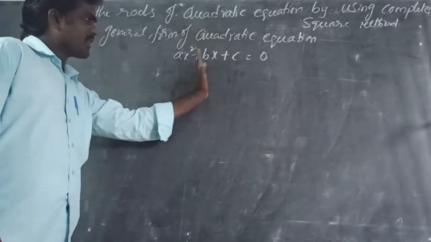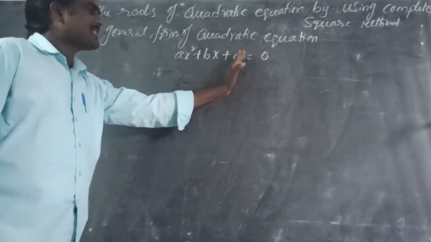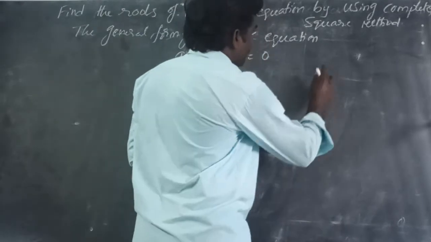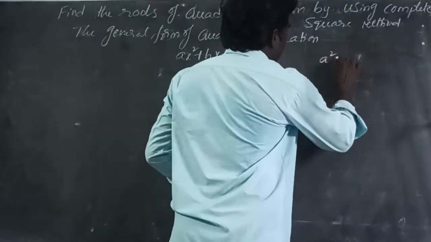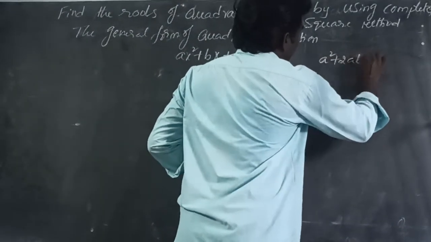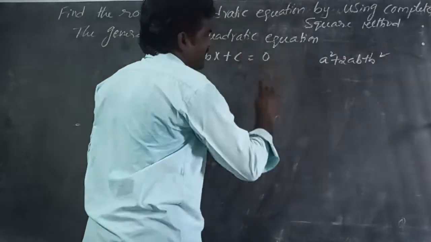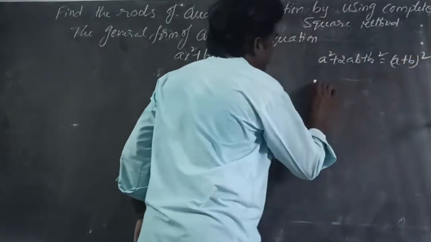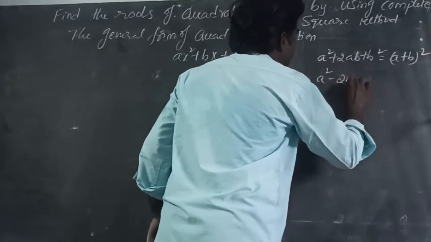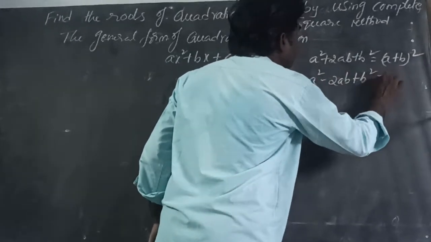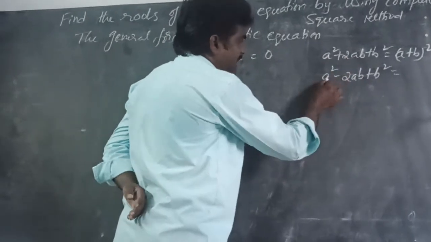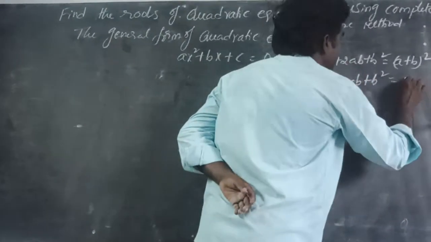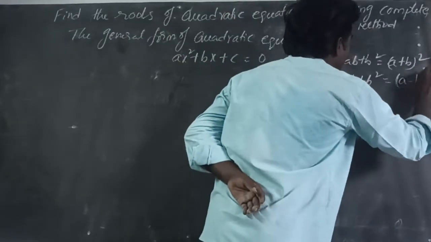This expression we can write in complete square form. Complete square method means what? a square plus 2ab plus b square. When you write this form, we can write the expression as (a plus b) whole square. Or a square minus 2ab plus b square, where the middle term is negative, we can write as (a minus b) whole square.